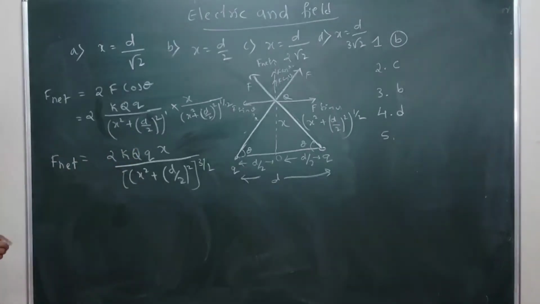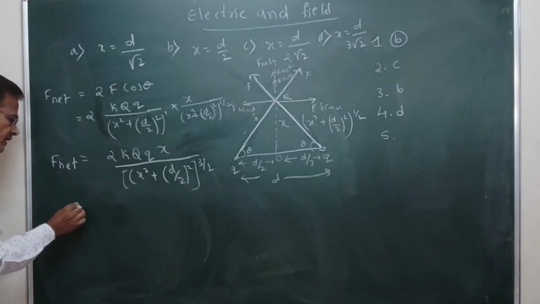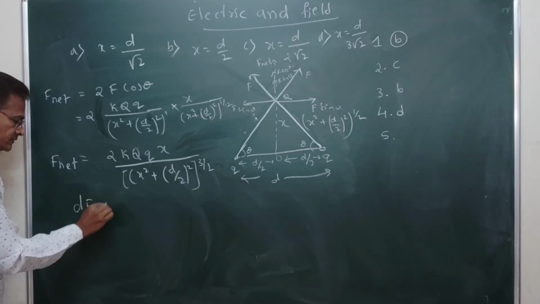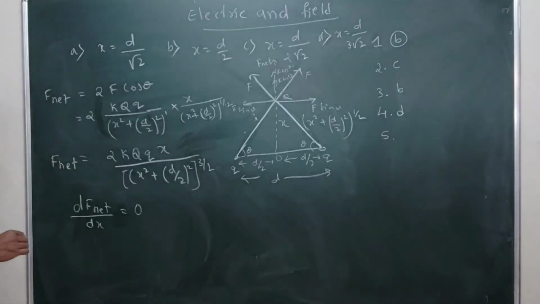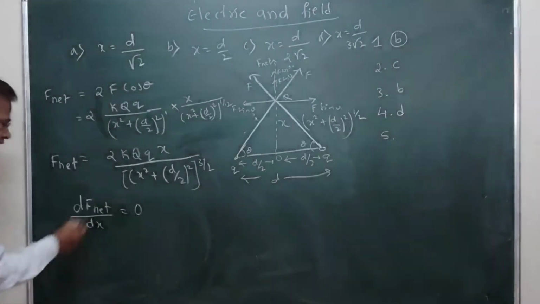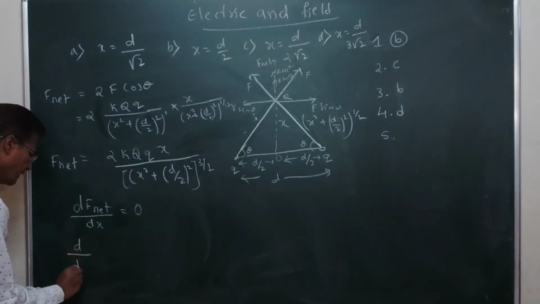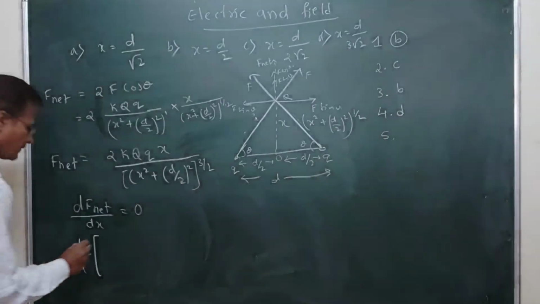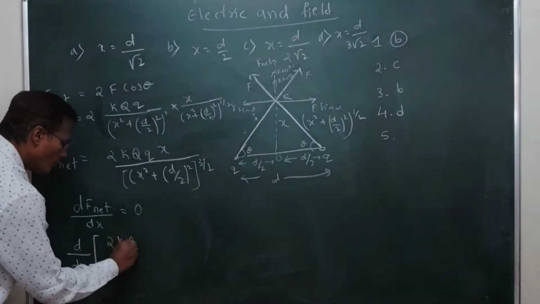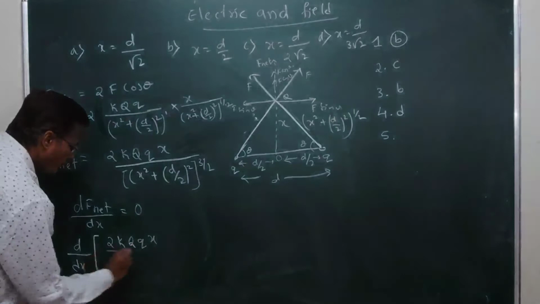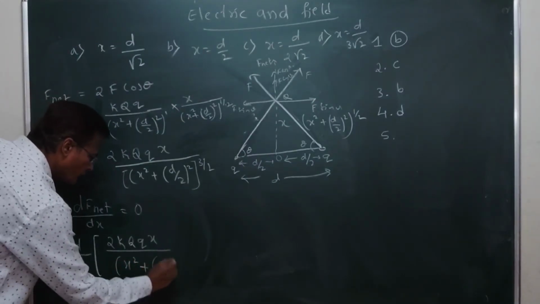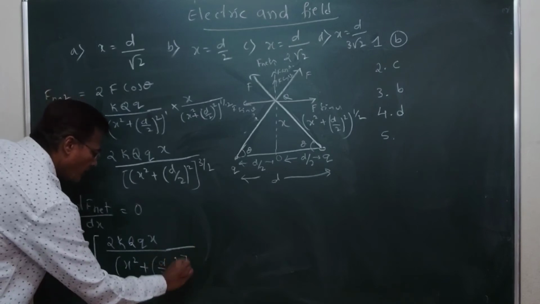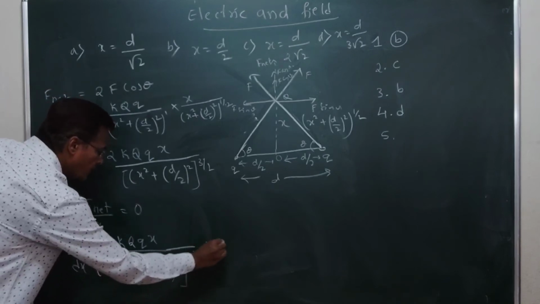Now to calculate x, according to the statement, it's saying that dF net divided by dx is equal to 0. We have to differentiate this equation. So this is d by dx of 2kq small q x divided by x square plus d by 2 whole square to the power of 3 by 2 equal to 0.